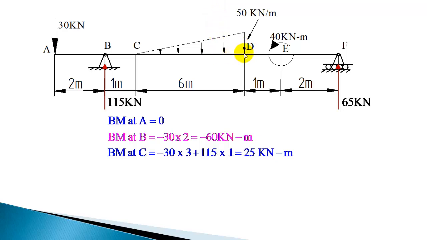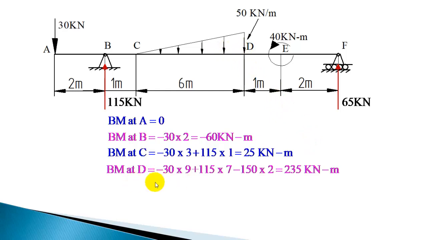Since we are calculating the bending moment at D, you should take this minus 150 into 2 distance. So the bending moment at D is minus 30 into 9 plus 115 into 7 minus 150 into the distance of 2 meter. So that will give 235 kilonewton meter. That is the bending moment at D.